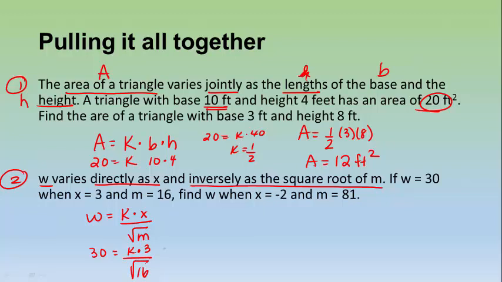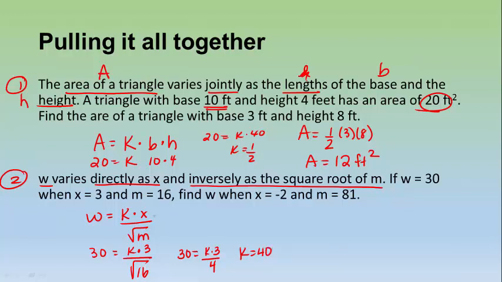I'm going to first simplify the square root of 16 to be 4. So I have 30 equals k times 3 over 4. I'm going to multiply by 4 and then divide by 3. If I multiply by 4, I get 120. If I divide by 3, I get k to equal 40.